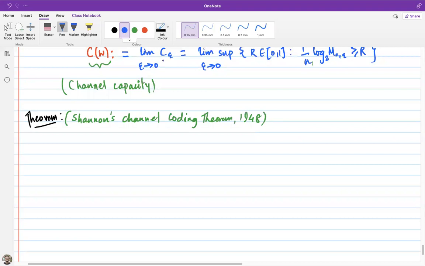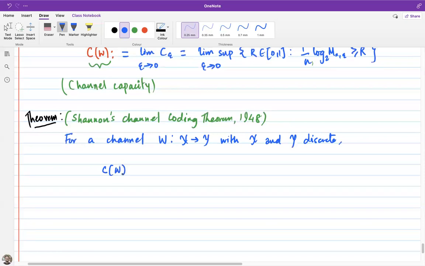It says that for a channel W with input alphabet X, calligraphic X, and output alphabet Y, and it is known that both X and Y are discrete, the C of W that you see here, which is defined earlier, is precisely equal to this quantity known as the mutual information.